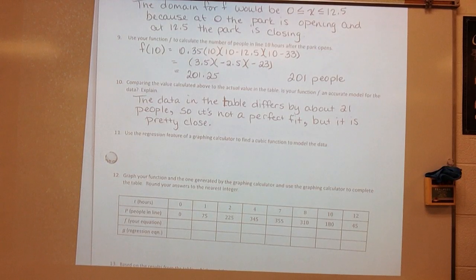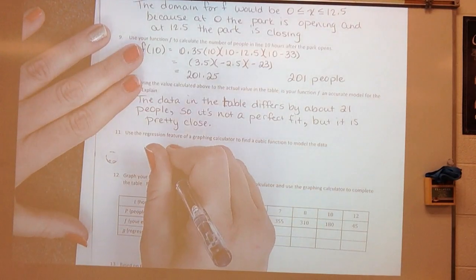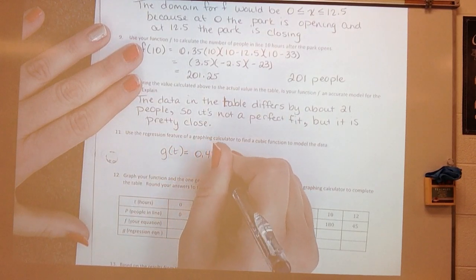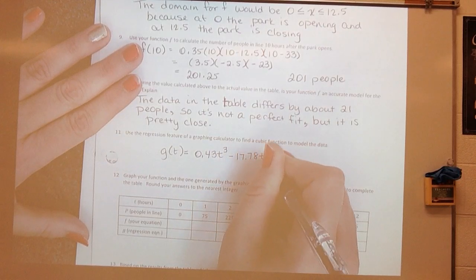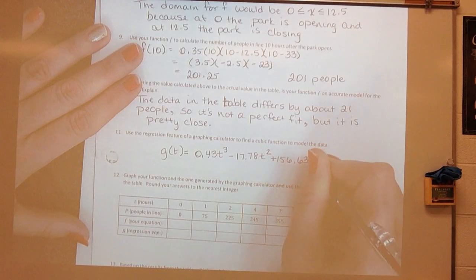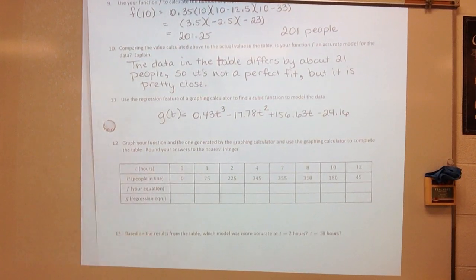It overestimates just a little bit. Use the regression feature on the graphing calculator to find a cubic function to model the data. So if we were actually to put this in a graphing calculator, this is what it would give us. Okay, that's what it would give us.